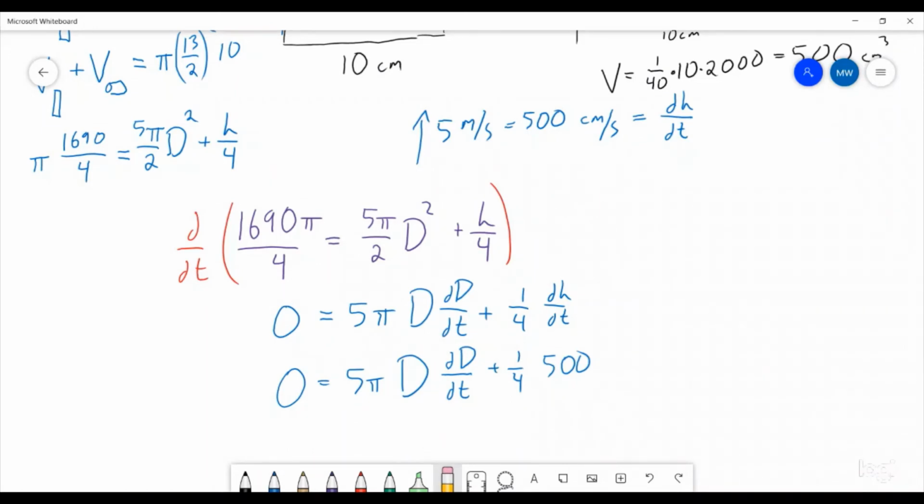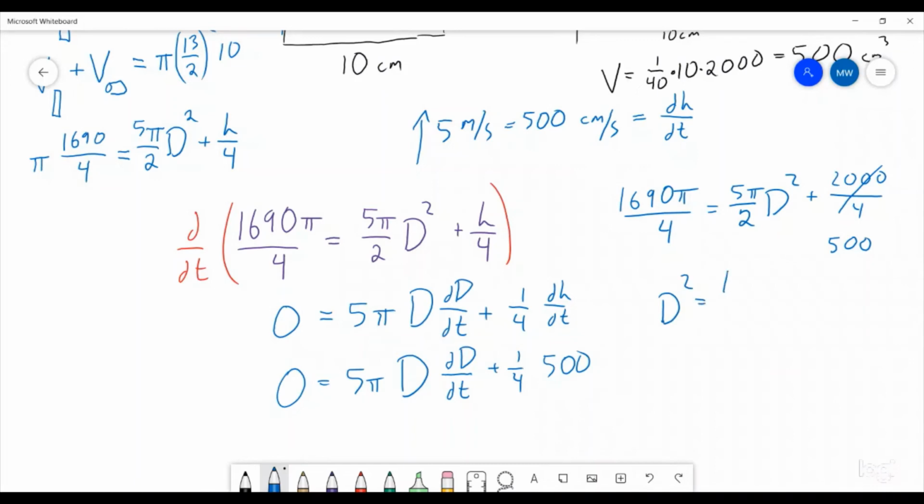We know what height is, so we know that 1690 pi over 4 equals 5 pi over 2 D squared plus the height in centimeters, 2,000 over 4, that is plus 500. Okay, so that means that D squared is equal to 1690 pi over 4 minus 500, all over 5 pi over 2.